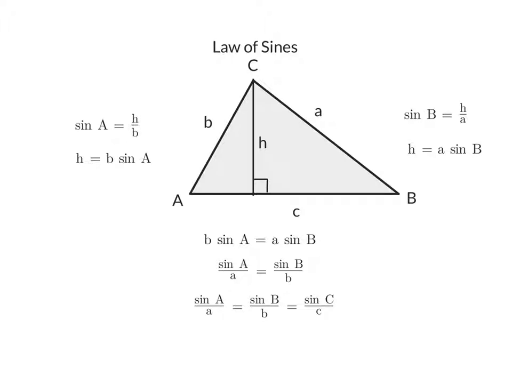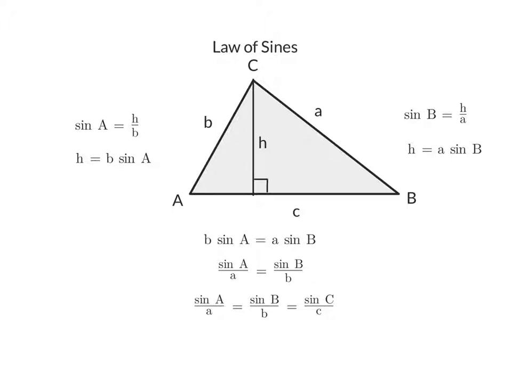Or to put it another way, we could say that for any triangle, the sine of any angle of that triangle divided by the length of the side opposite that angle is equal to the sine of one of the other angles of that triangle divided by the length of the side opposite that angle.